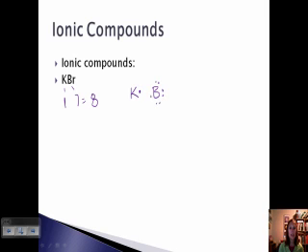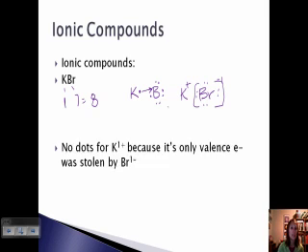So there's my 7 for bromine, here's my 1 from potassium. It gets stolen. And so what really happens is K forms a +1 ion, and then bromine has all 8 of these electrons, and it's a -1. And anytime we have a charge, it gets a bracket. And we'll look at that more.